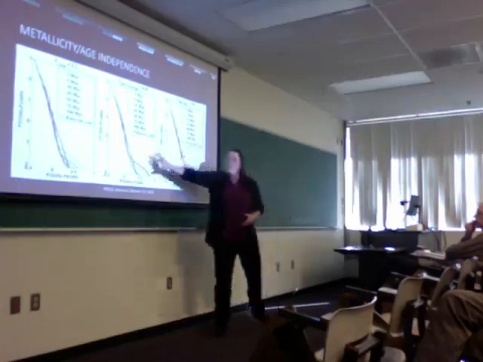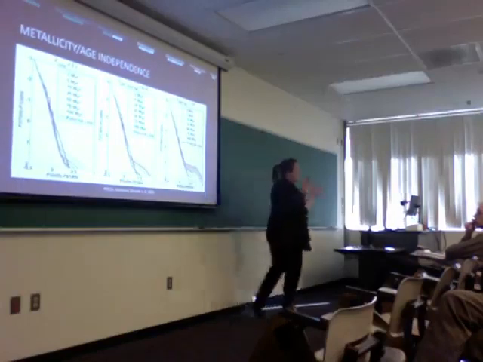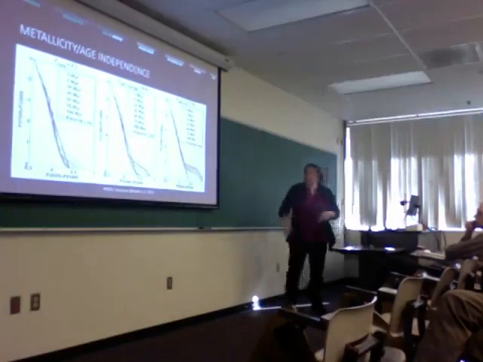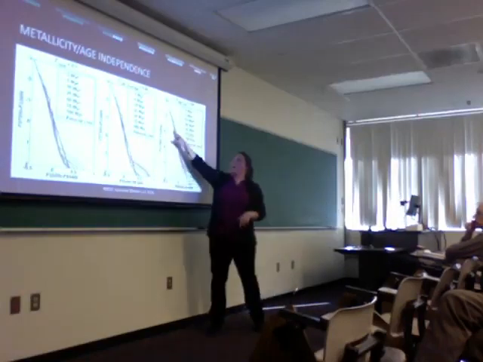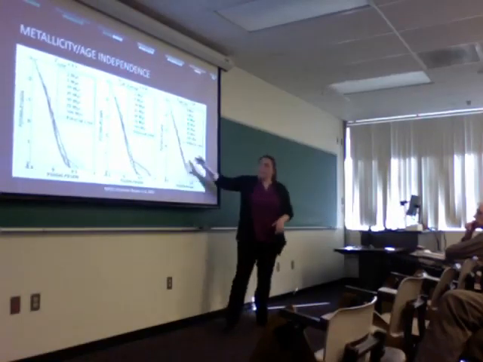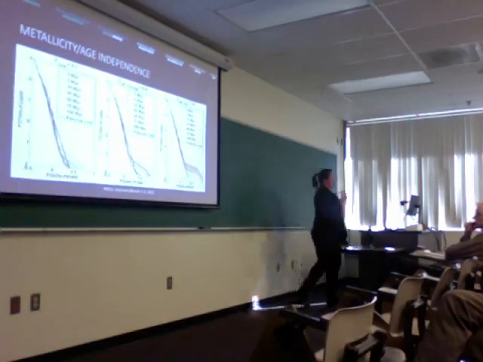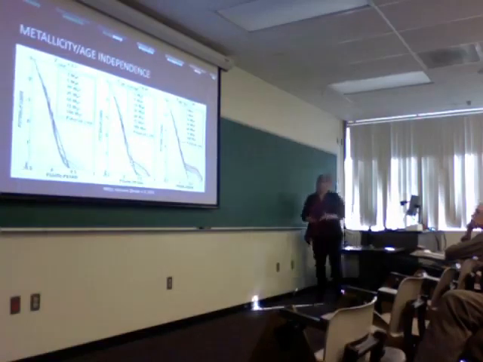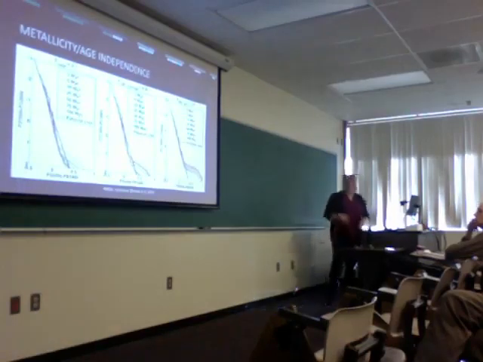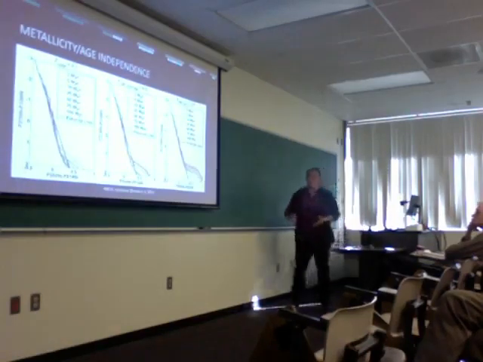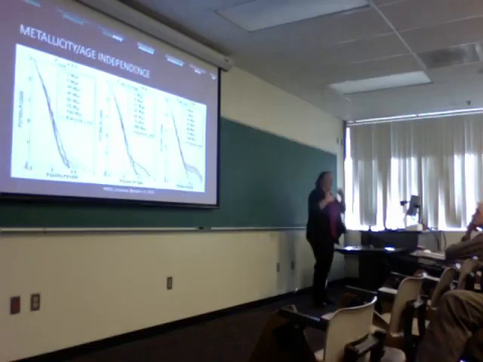These two represent roughly the edges of the Legus sample when it comes to metallicity range. You can see with this fiducial line here, this black line, that it lies in the same location on each plot with respect to the isochrones. So there is no shift when it comes to age or metallicity in these isochrones. So we don't need to know what the metallicity of the star is. We don't need to know how old the star is. All we need to know is its Q value.